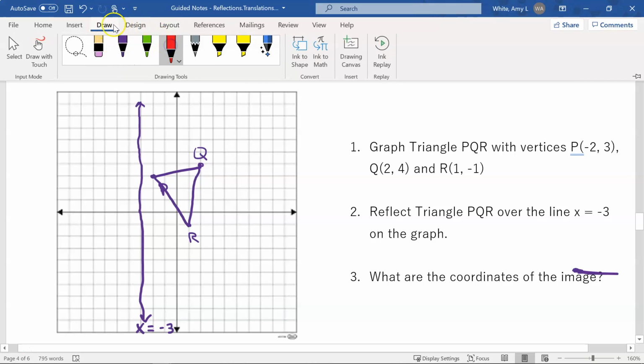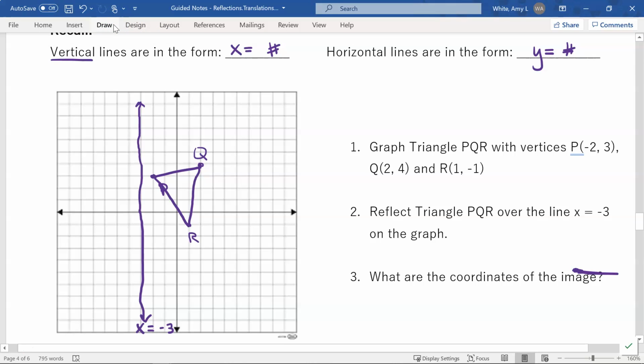To do a reflection, and you can do this over any line, but especially one where there's not an easy coordinate rule, what I'm going to do is I'm just going to count the number of spaces to my line of reflection, and then I'm going to go that number of spaces over. So in this case, P was 1 unit away, so I go 1 unit on the other side, and that is P prime. For Q, it's 1, 2, 3, 4, 5 units.